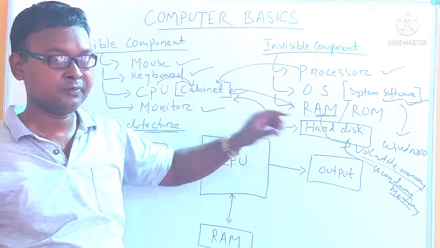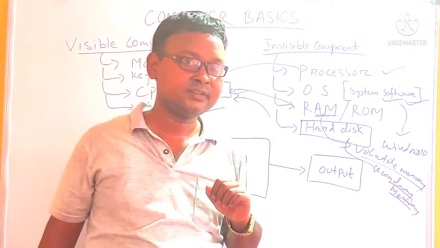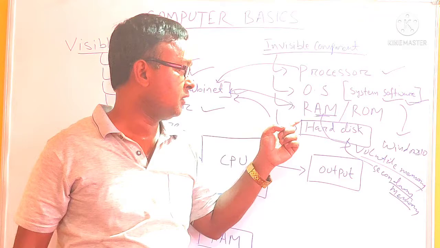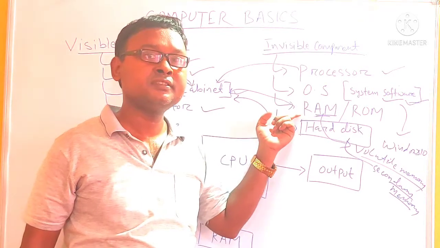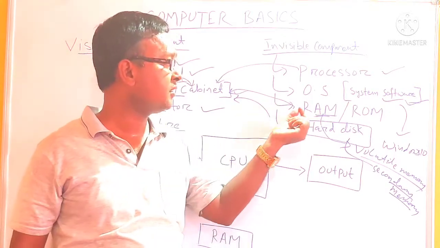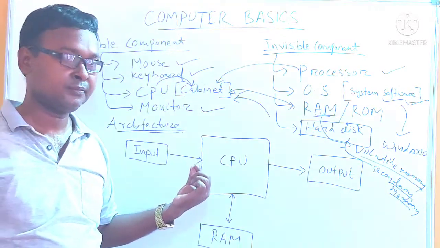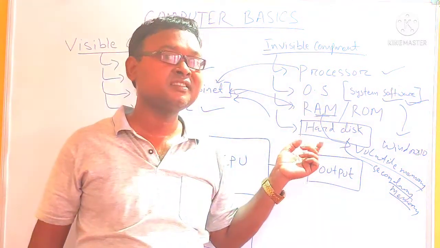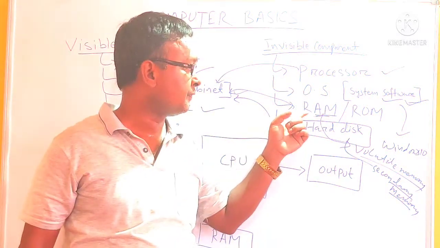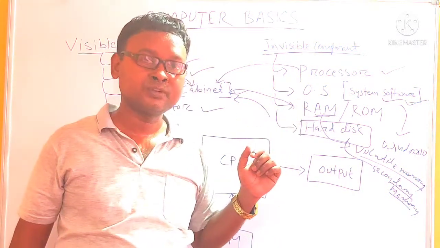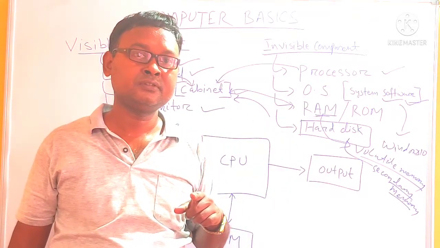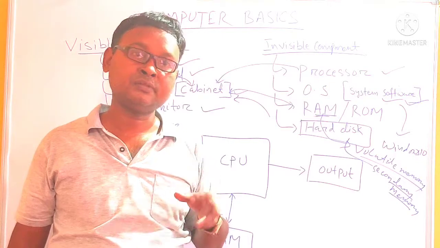It's a non-volatile memory. And one more very important thing I'll share with you. RAM is a necessary component of your computer system to run it. But hard disk is not a necessary component to run a computer system. So what I mean to say is that without RAM your computer system won't work. Without hard disk your computer system will work.